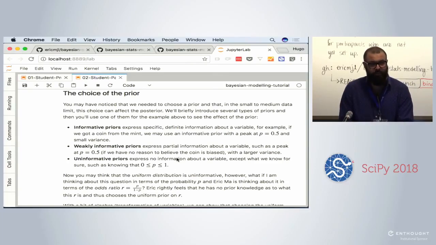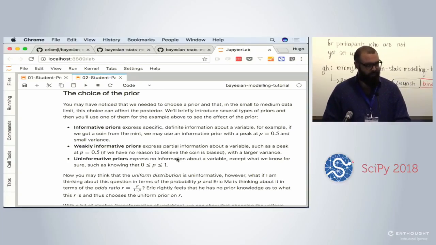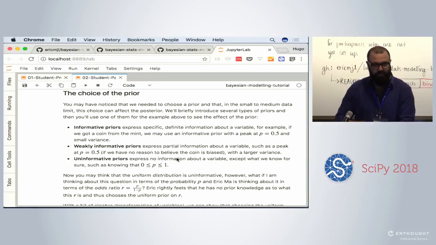There are so many assumptions that go into all types of statistics. If you do a frequentist test, there are so many assumptions that you're making about even the distribution of the population you're drawing from, which you don't make explicit. One of the wonderful things about Bayesian thinking is that you have to make everything explicit, including the choice of your prior. On top of that, once you choose a prior and get enough data, you can actually see that your prior does not necessarily have such an effect.